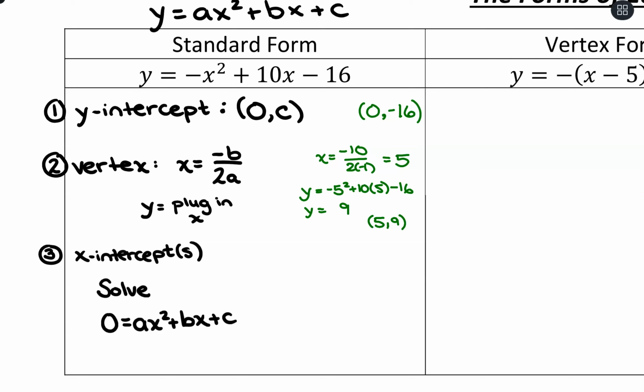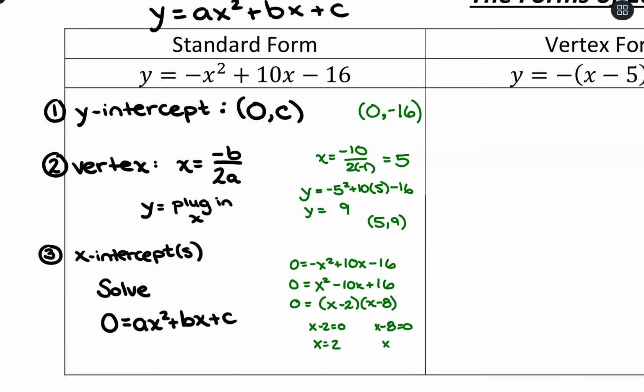In our example, I have 0 equals negative x squared plus 10x minus 16. I'll divide by negative 1, so I have positive x squared, and all the signs change. So 0 equals, multiplying to 16, adding up to negative 10, I'm thinking negative 2 and negative 8. So x minus 2 equals 0, so x equals 2. X minus 8 equals 0, so x equals 8. Not too bad.